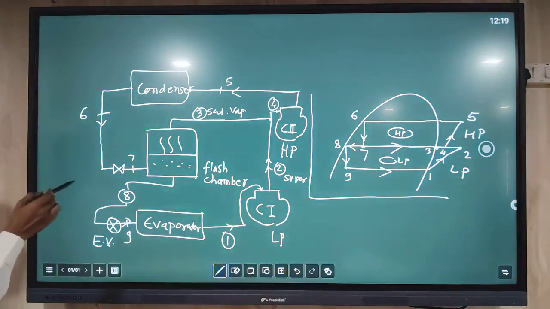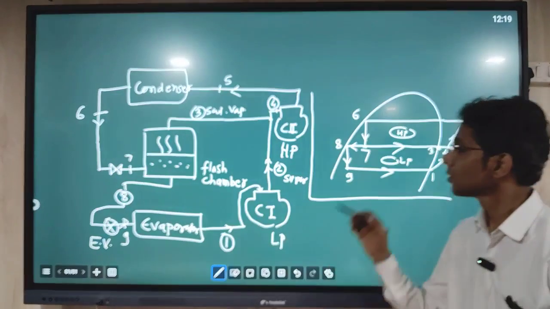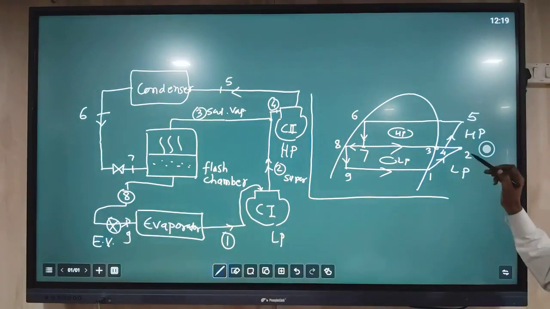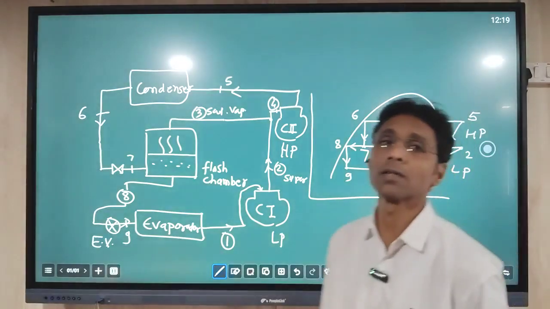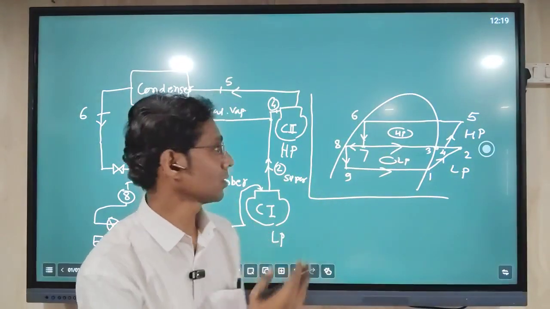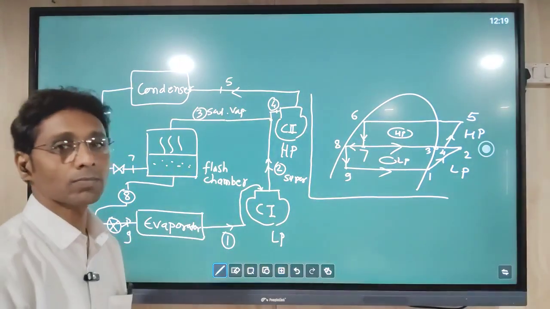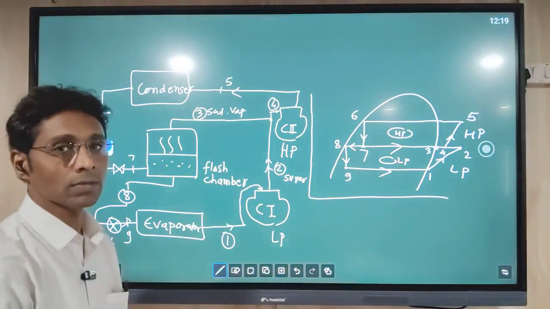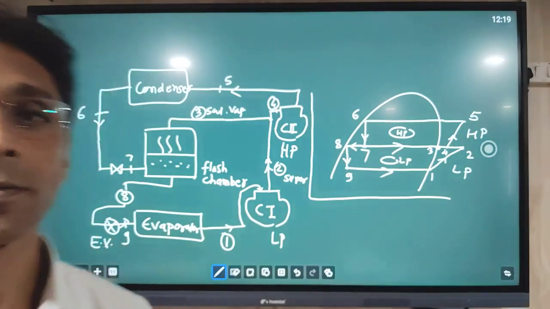In this way, the flash chamber is used in the case of a multi-pressure system, and that is why this system is called the flash gas removal method. Multi-pressure, or now this is two-stage compression. So the name of the system is two-stage compression system with flash gas removal method.